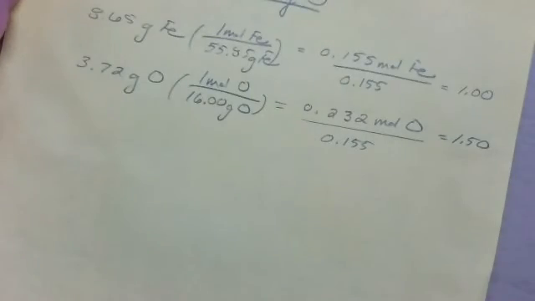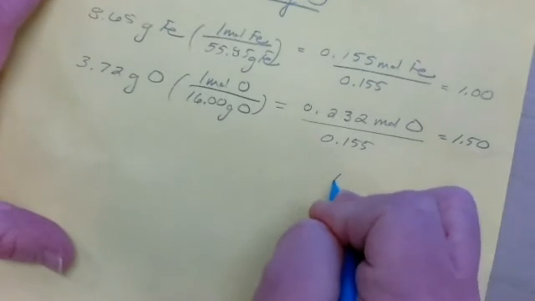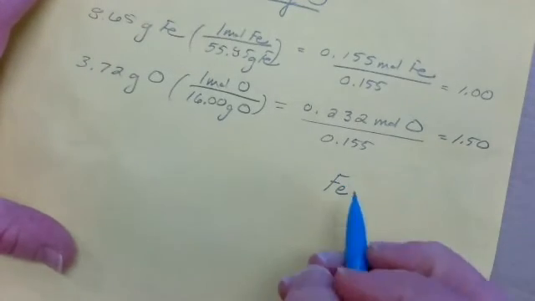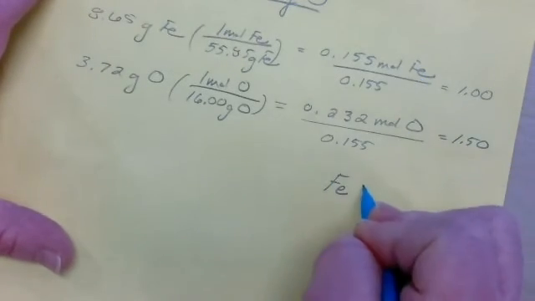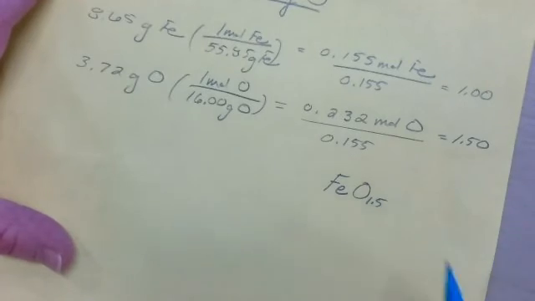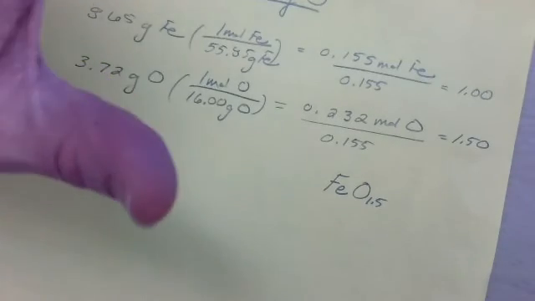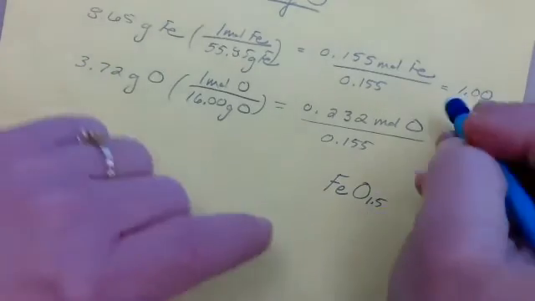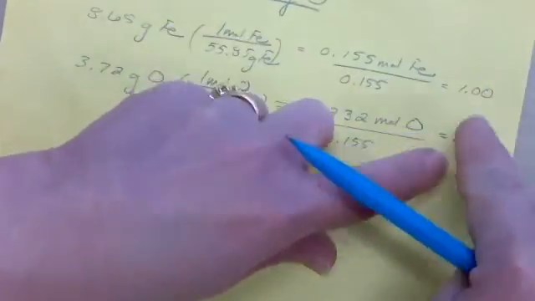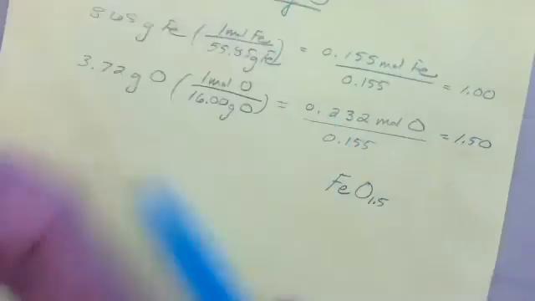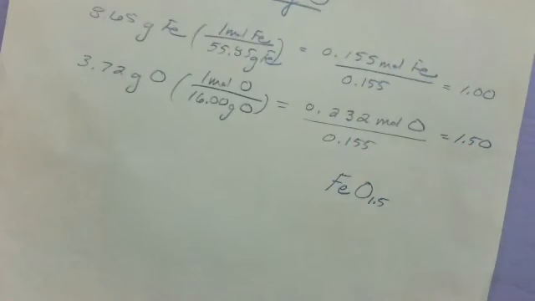What this tells us is our formula is Fe1O1.5, and that's ridiculous. If we ever get non-whole numbers, that is telling us that our formula doesn't have a subscript of 1. And not all formulas do.